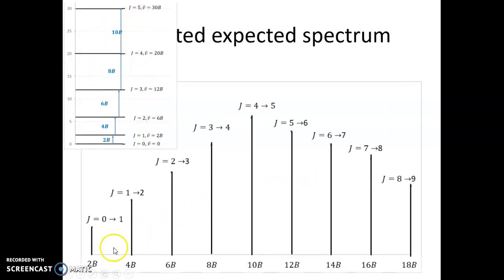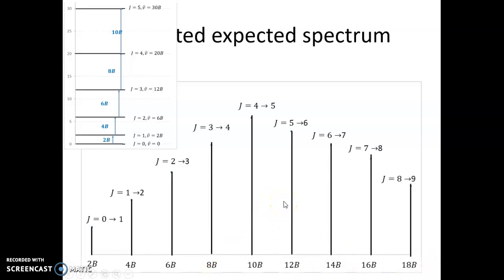You shine energy into your sample, so you have 2B absorbed for the 0 to 1 transition, 4B for the 1 to 2 transition, 6B for the 2 to 3 transition, 8B for the 3 to 4 transition, and then we have it up to 19B in this picture. So energy absorbed is 2B, 4B, 6B, and so on and so forth.